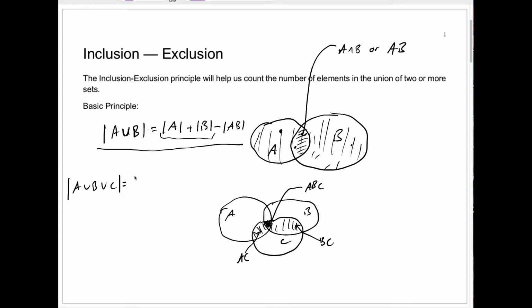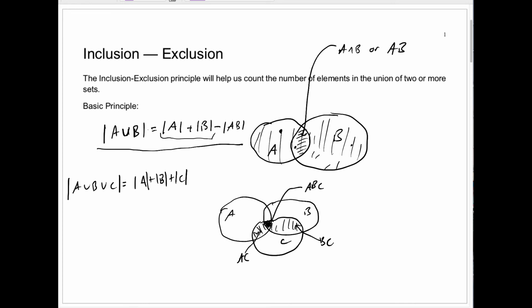Well, again, we might just start saying, if I want to know the size of the union, just add up the sizes of the three sets. The size of A plus the size of B plus the size of C. But then you say everything here in AC, in both A and C, has been counted here twice.